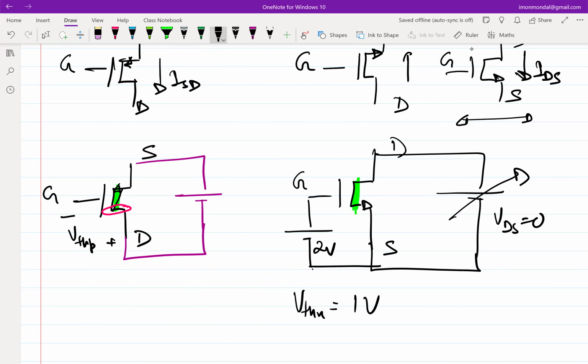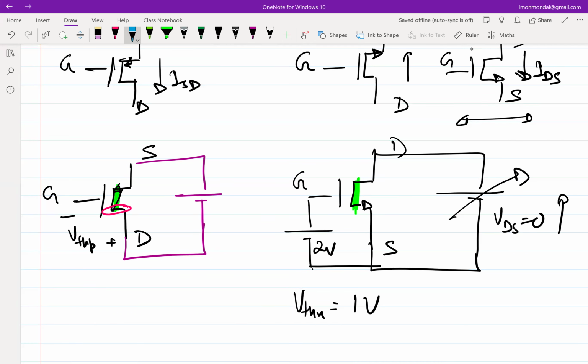Now I keep on increasing VDS. Is the channel near the source junction going to get affected, or the channel near the drain junction? Near the drain junction. And how is it going to get affected? It will become trapezoidal, then it will start to get to pinch off and so on.